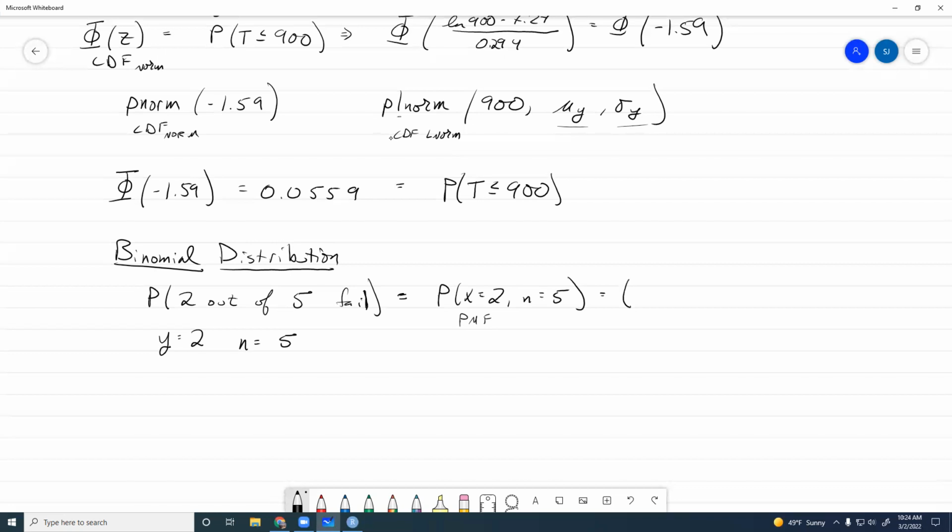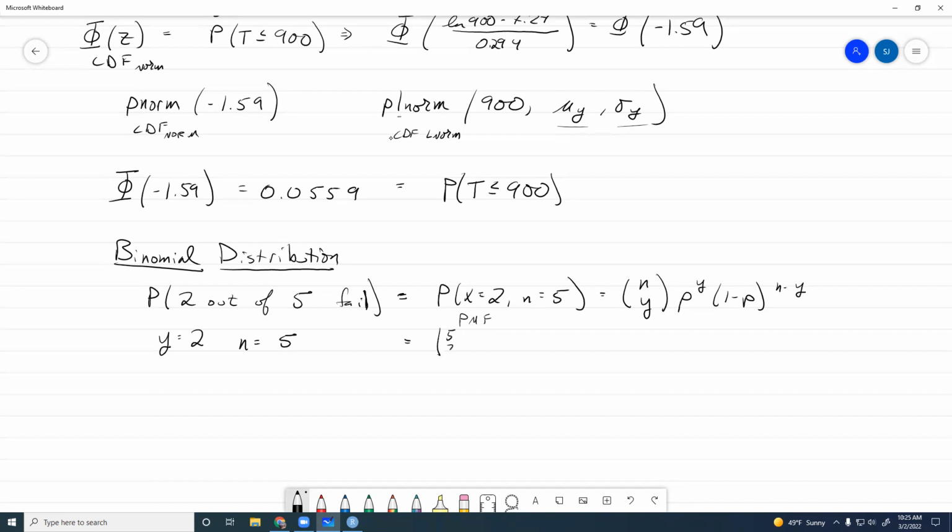That formula was n choose y, p to the y, 1 minus p to the n minus y. The only hard part of this is deciding what kind of binomial distribution function to use, a PMF or a CDF. In this case, we're saying exactly 2, so we can use the PMF, and then we'll plug our numbers in.